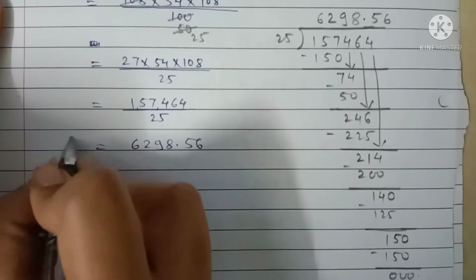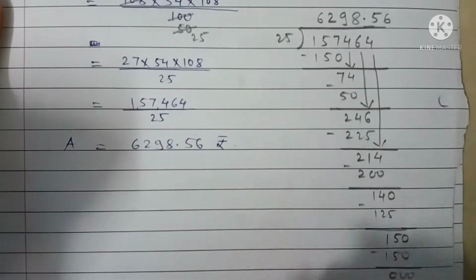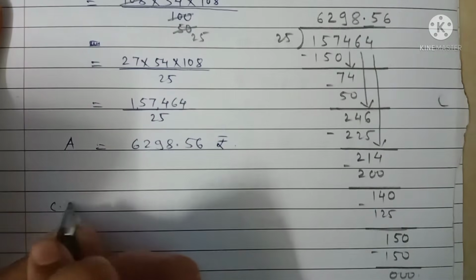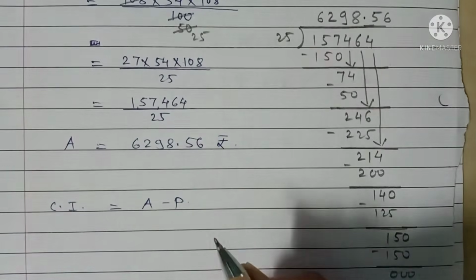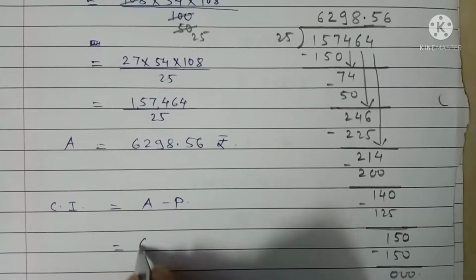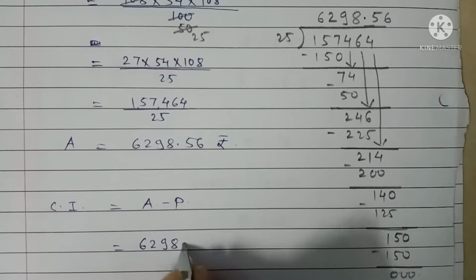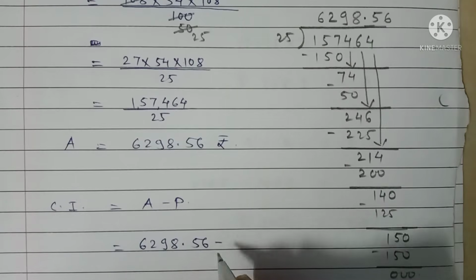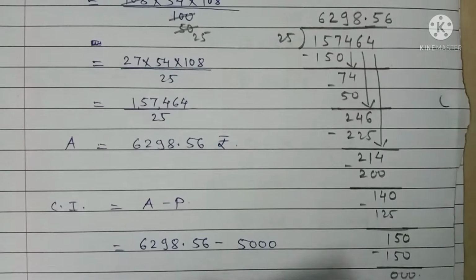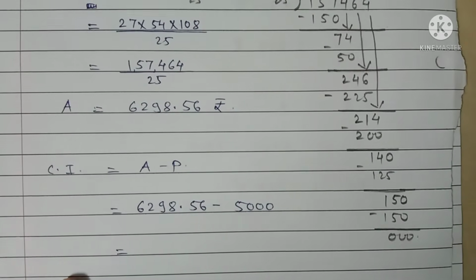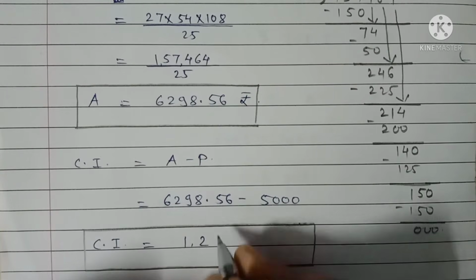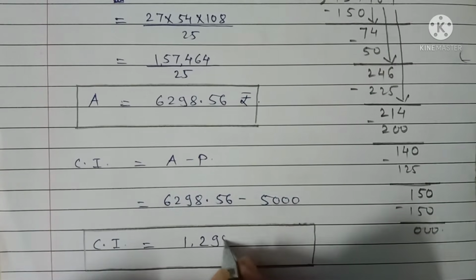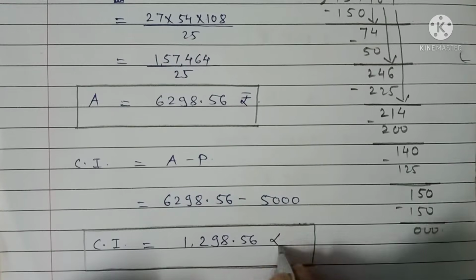56. This is your amount in rupees. Now find the compound interest. Compound interest is equal to A minus P. A is 6298.56 minus principal is 5000, and then subtraction is 1298.56 rupees.